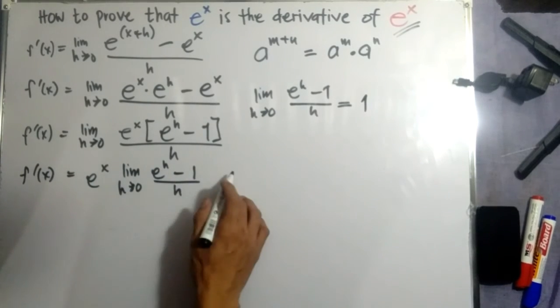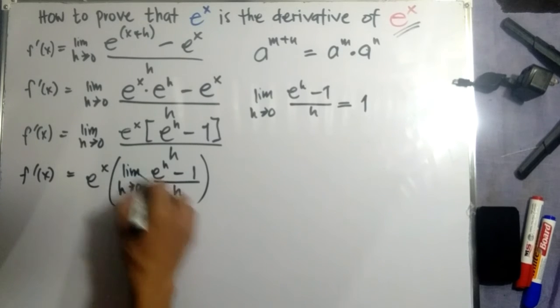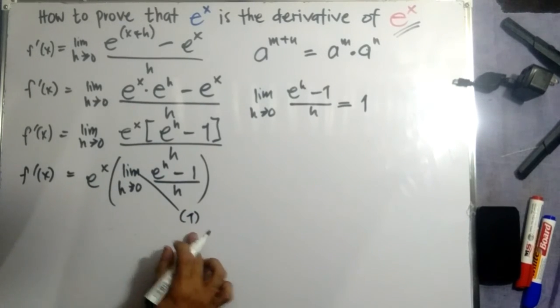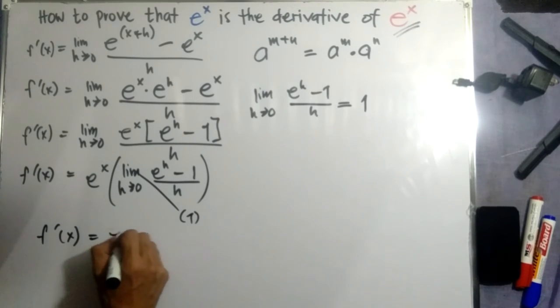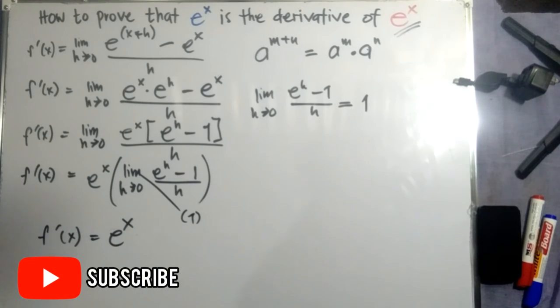So, ibig sabihin, we can conclude that this term is equal to 1. And 1 times e to the x is just e to the x. So, ayun. Ganun po ang pag-prove na si e to the x ay ang derivative niya e to the x.